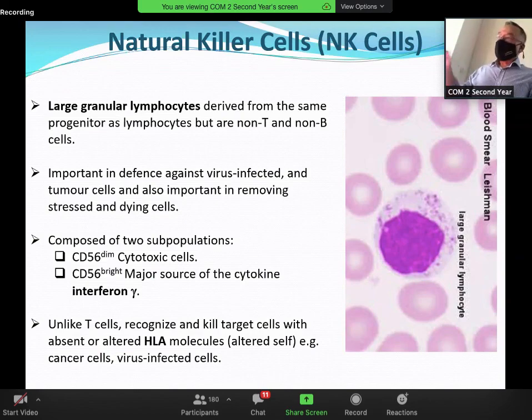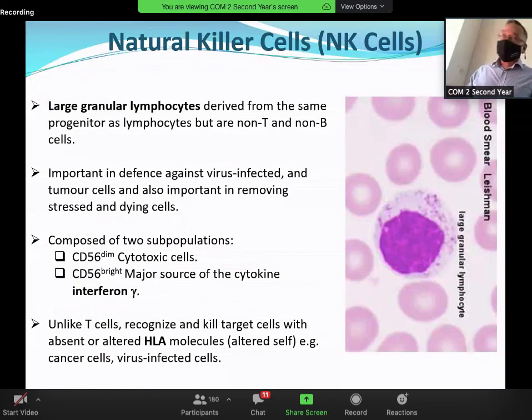When you get a tumor cell developing, when you get a virus-infected cell, that HLA gets changed, gets modified. And so the natural killer cell will see that and identify that as a target to be killed. So basically what the natural killer cell is getting is a mixture of kill me, don't kill me signals.